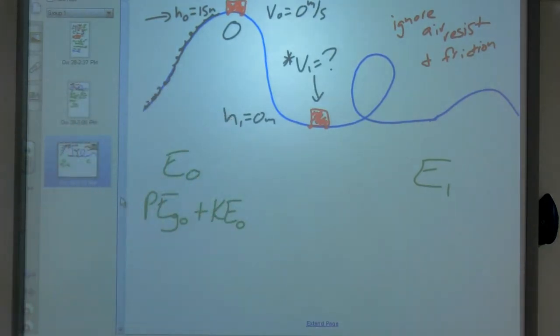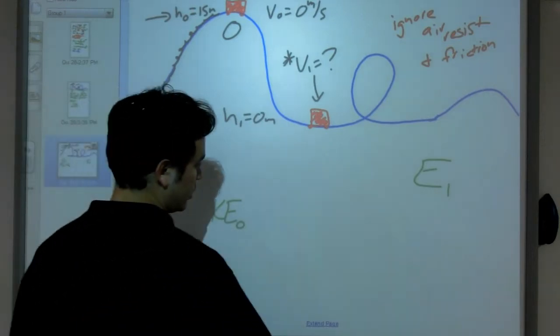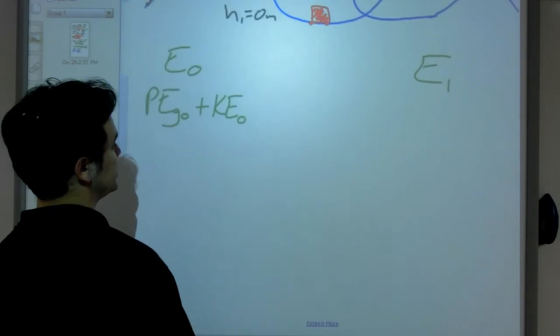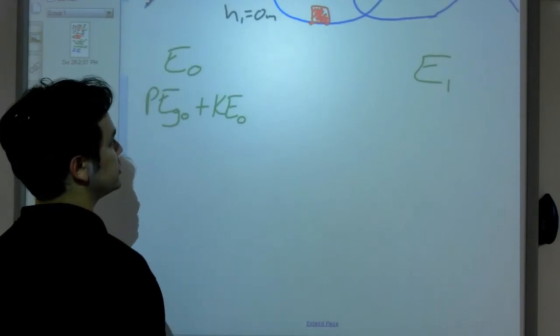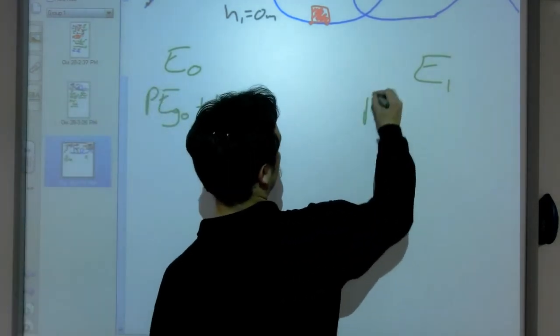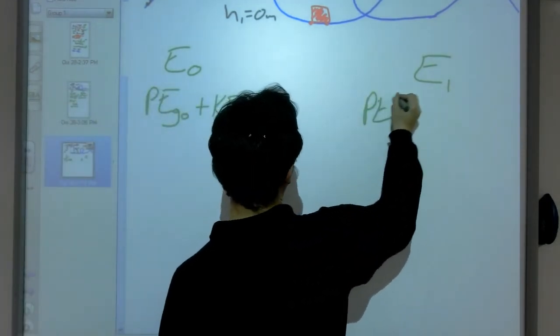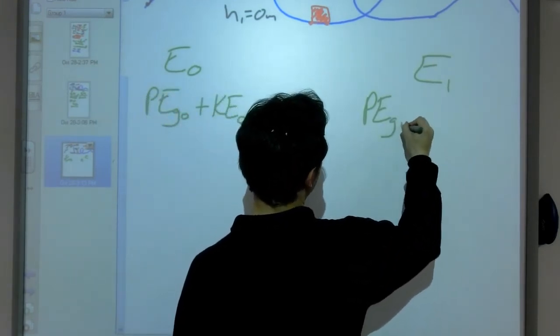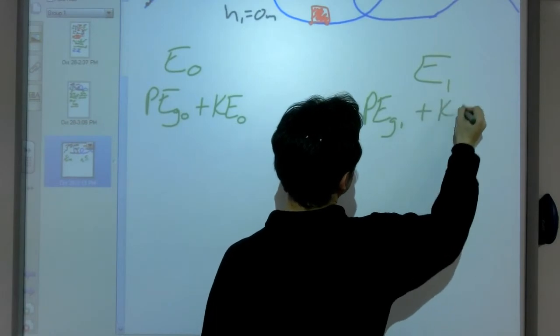We could always go back in and find the work done by friction and actually adjust for that. But for now, we're going to find out, if we ignore those things, how fast would we be going? So these are probably the only types of energy I have. This is a pretty common setup for most of the initial mechanics problems. And so over here, at the end, my second point, when I'm down at the bottom, I've got some potential energy due to gravity, plus some kinetic energy.